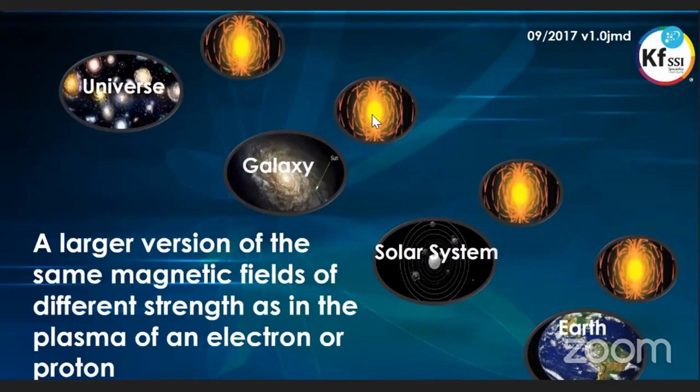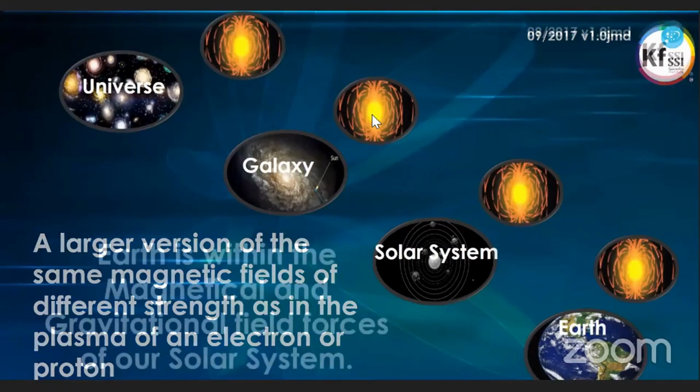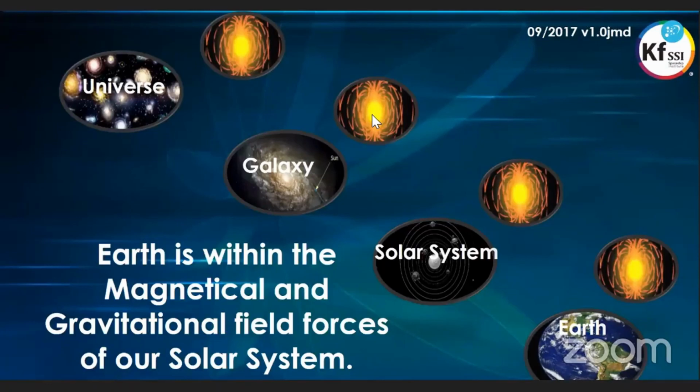But what's important to understand is that Earth is within the magnetic and gravitational field forces of our solar system. And our solar system is again within the magnetic and gravitational field forces of our galaxy.